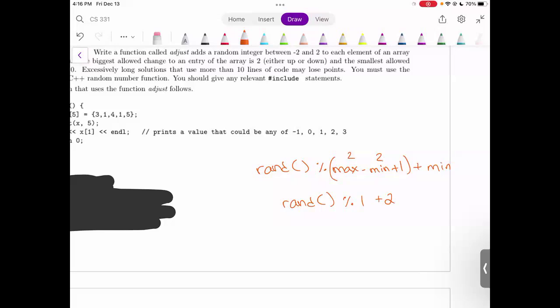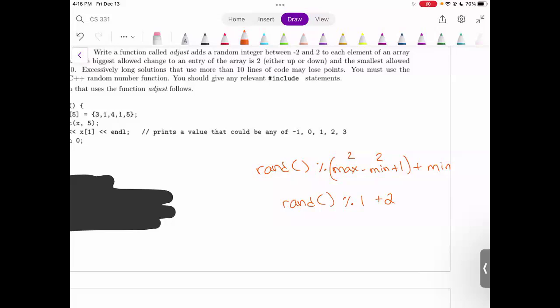Let me take a look at my notes. Yeah, max minus min plus 1 plus the minimum.